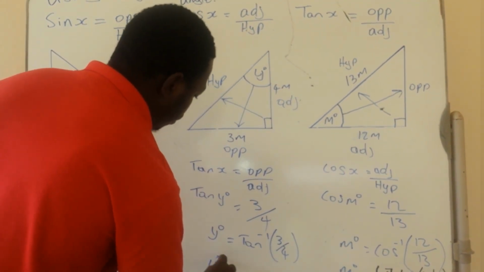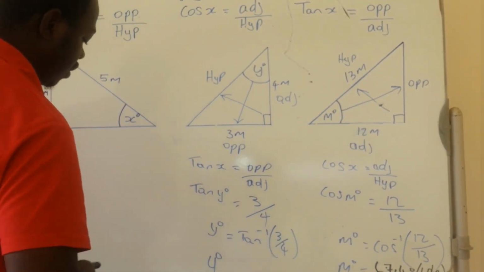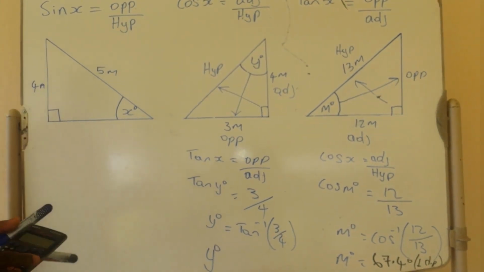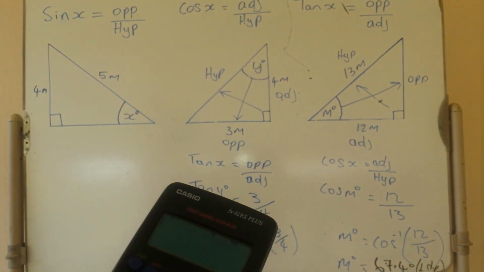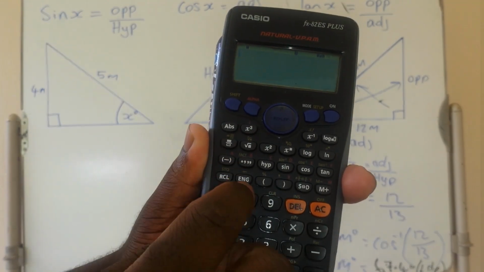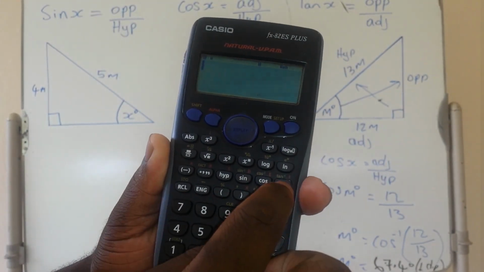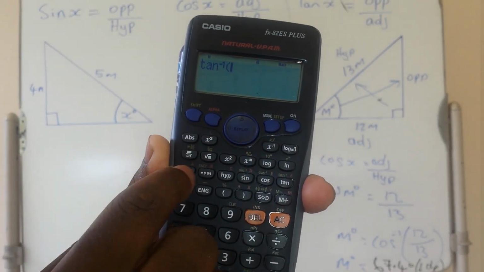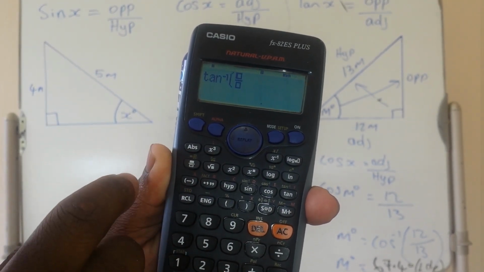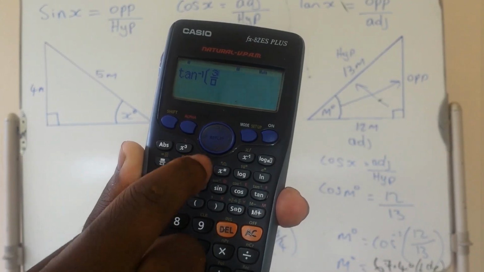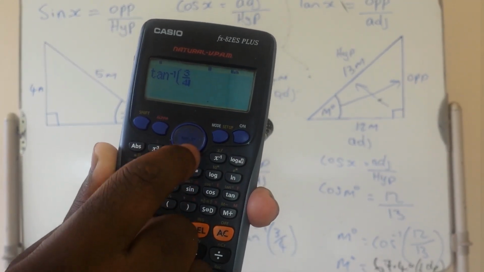All we need to do is to place that on your calculator, and again you will make sure that you press shift and then you press tan to get the inverse. It's a fraction. You press the fraction bar, which is 3 over 4.